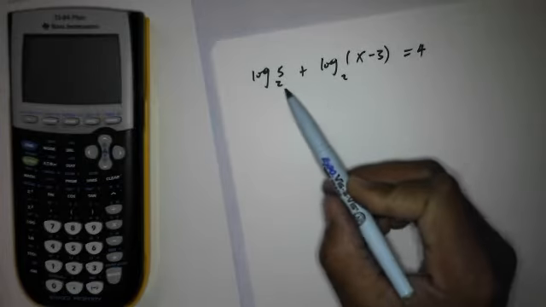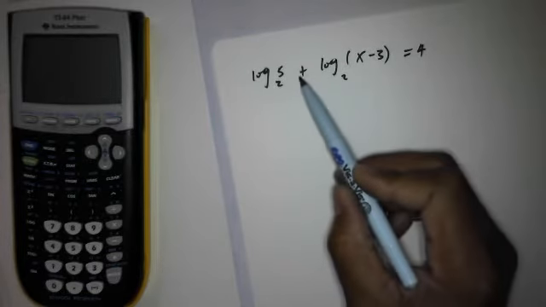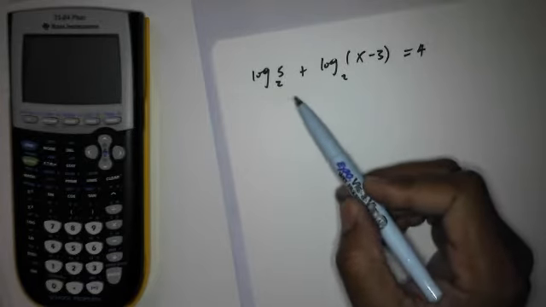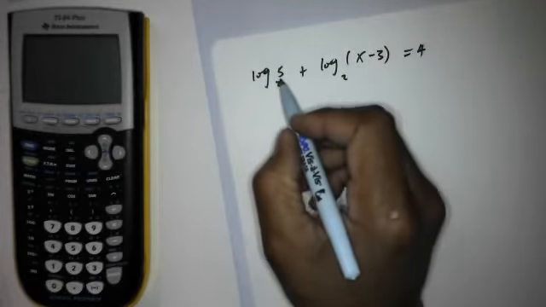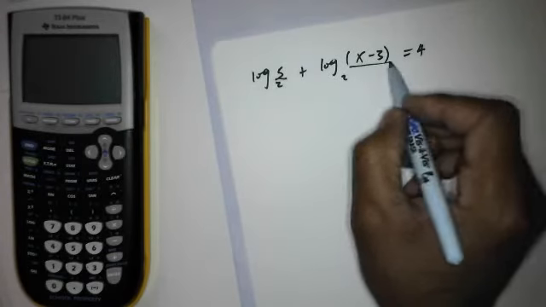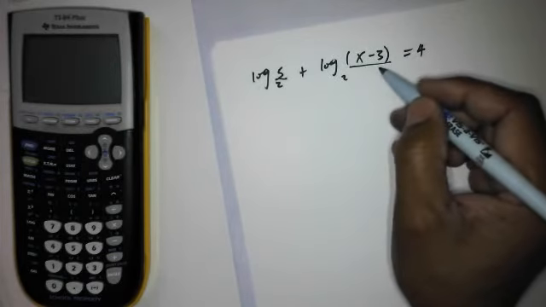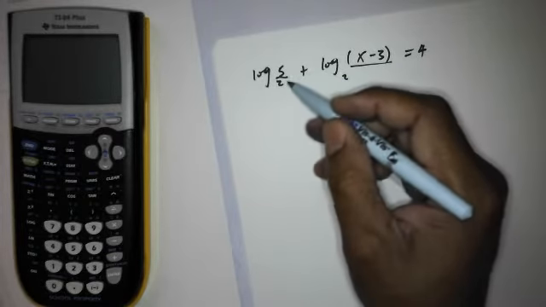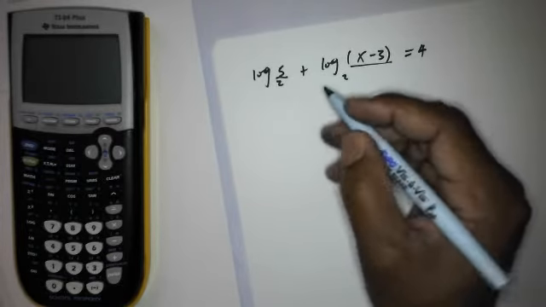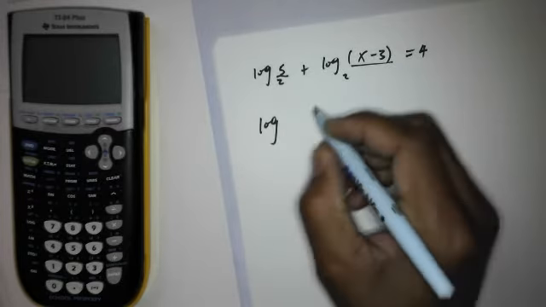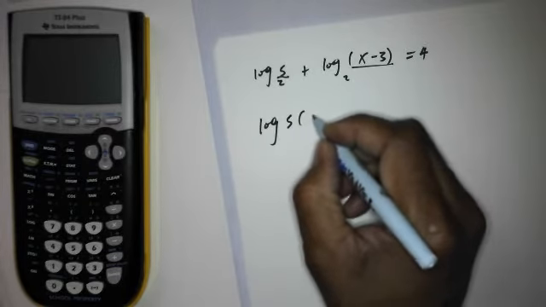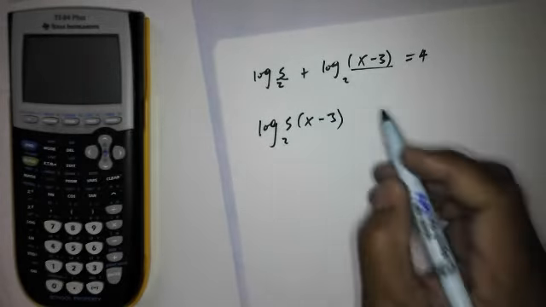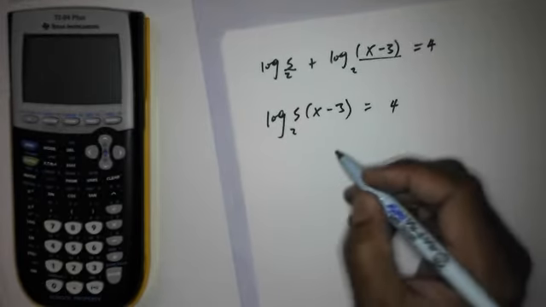Now once the bases are the same and you're adding the logs, that's what we call the product law of logarithm. Remember, this is the argument and this is the argument, so you'll be multiplying the arguments, taking one log of both and multiplying the arguments and keeping the same base. So this would be log of 5 times x minus 3 base 2, because the bases are the same, and that will equal 4.